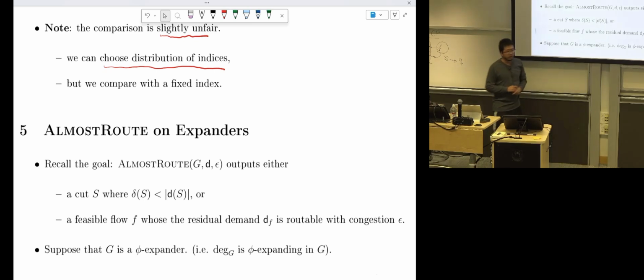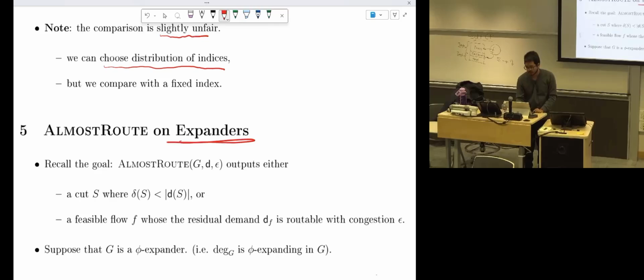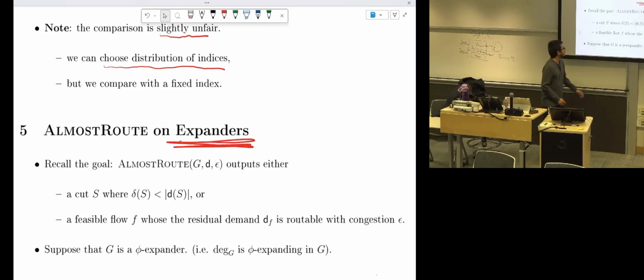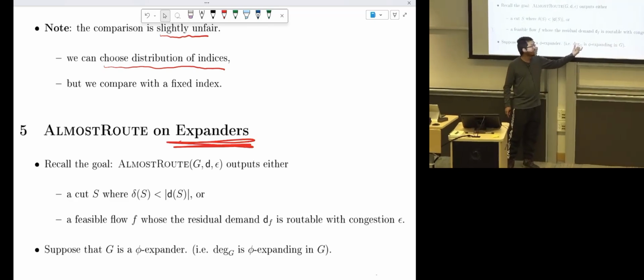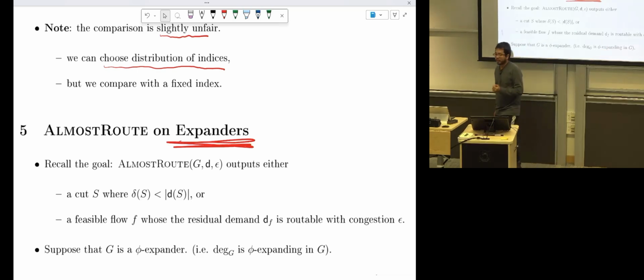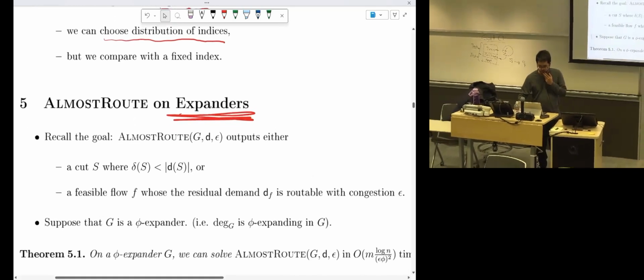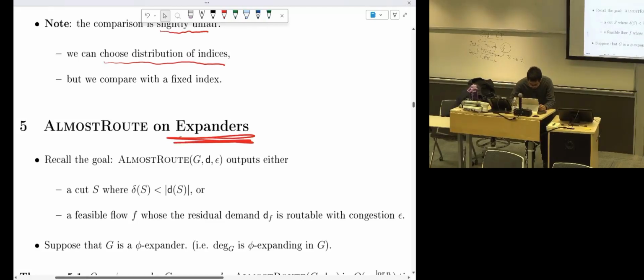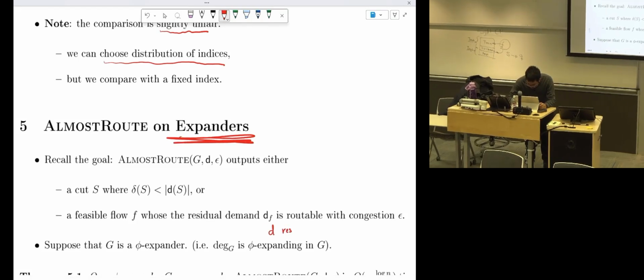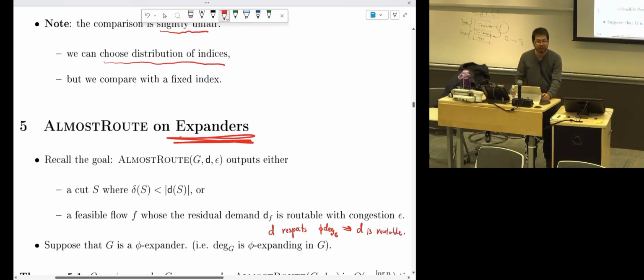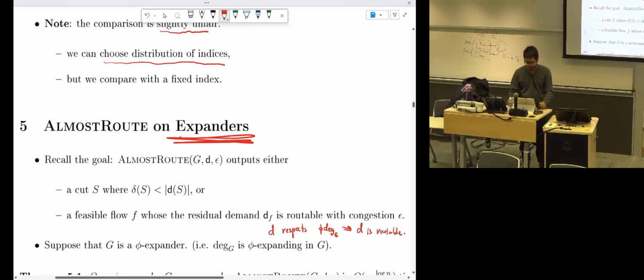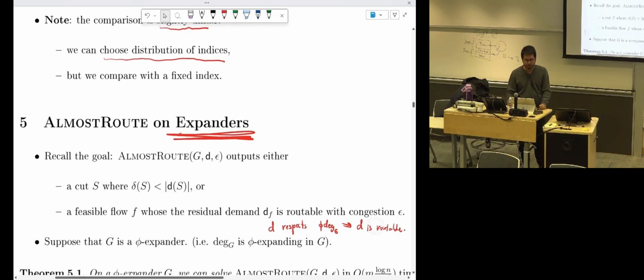Let's try to solve this problem on expanders first. On expanders, just recall that if G is a phi expander, it means that the node weighted degree is phi expanding in G. In particular, any demand D that respects phi degree is routable. Just like the definition of expander.